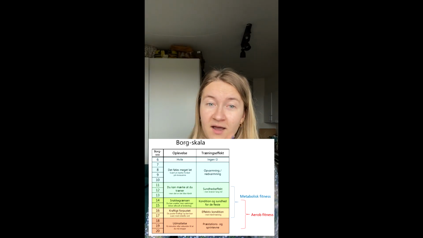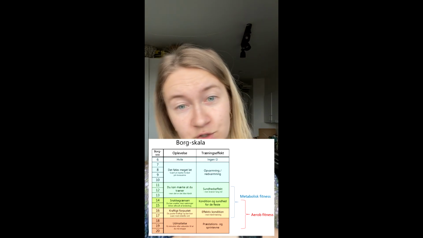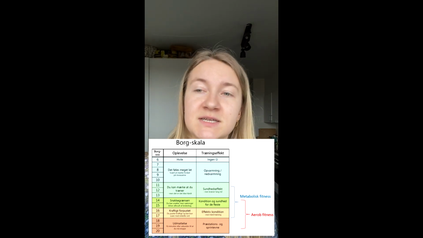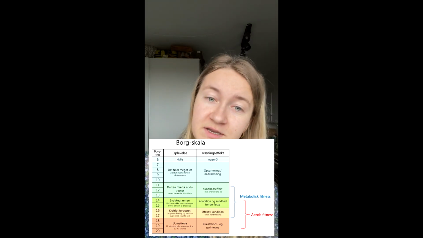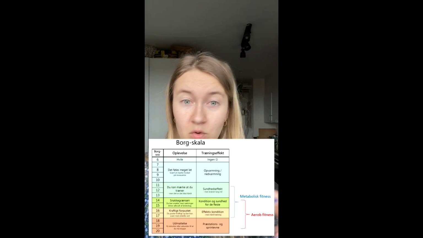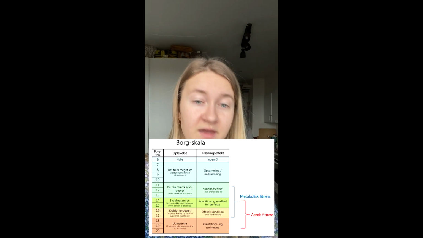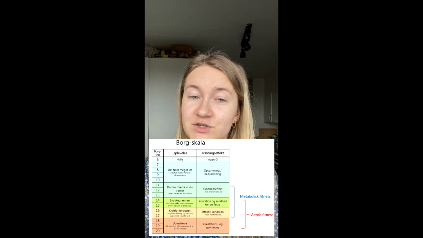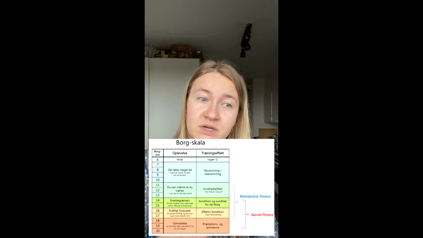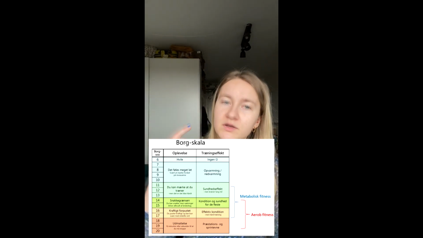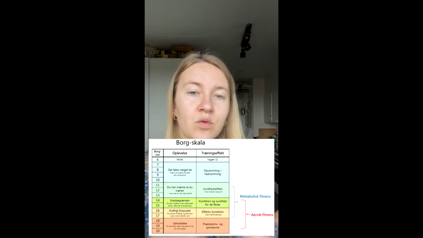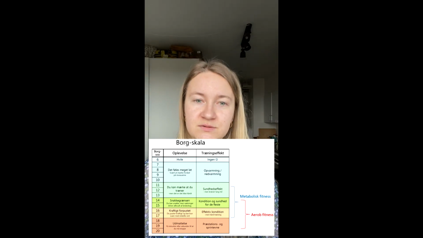If you're working at high intensity, otherwise known as vigorous intensity, you're at 14 to 16 on the Borg scala. That means that you are out of breath and you cannot have a conversation. You can respond, but it's very short. Like if someone asks you something, it's yes or no. You can't have a conversation.